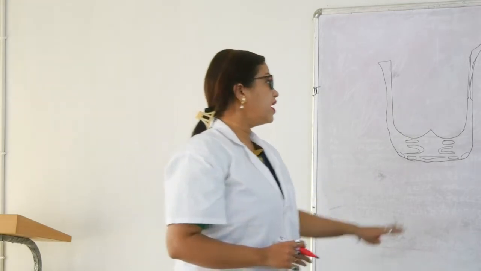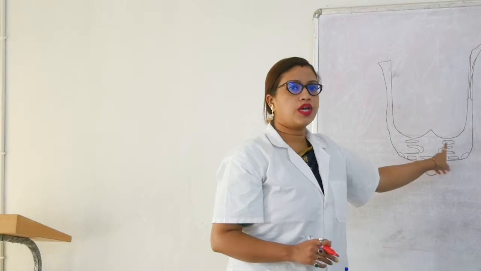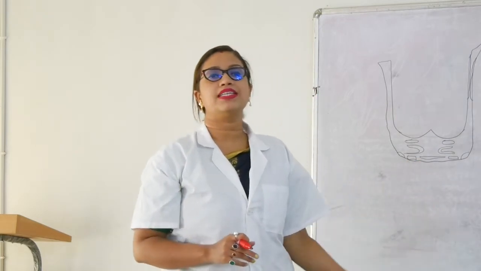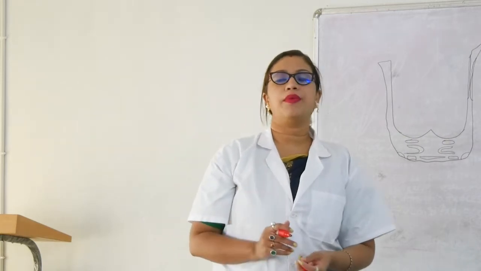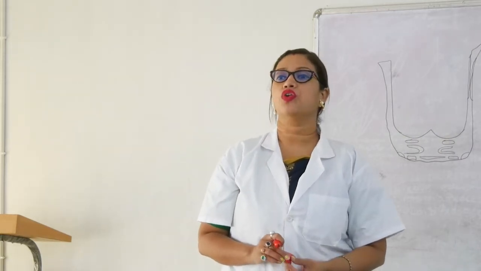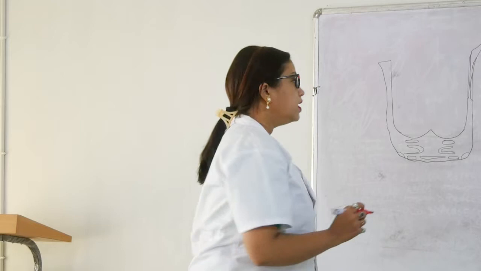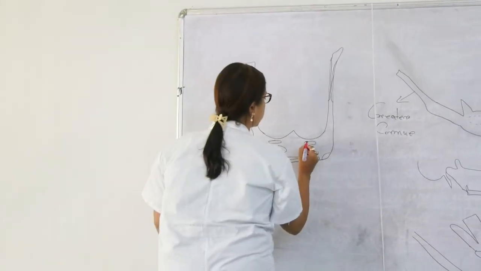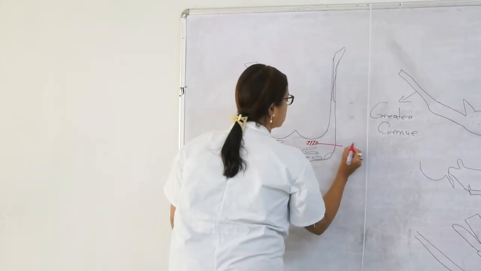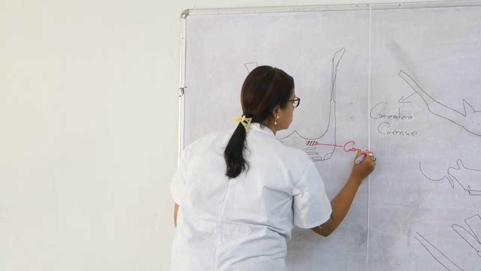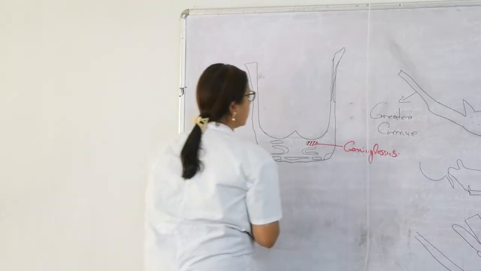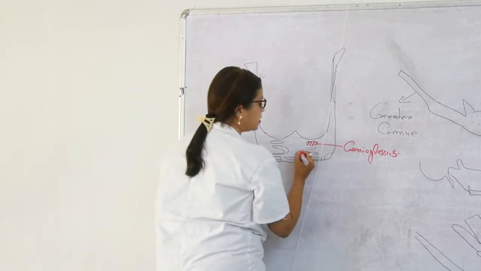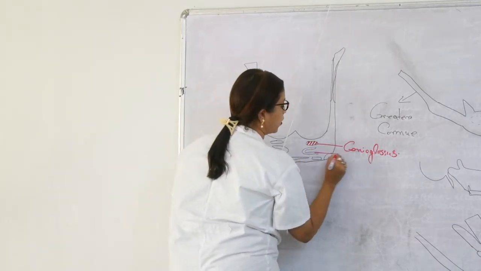So this is the anterior surface. We have to know which muscles are attached. The first muscle you will come across is genioglossus. Then the next one is the geniohyoid.